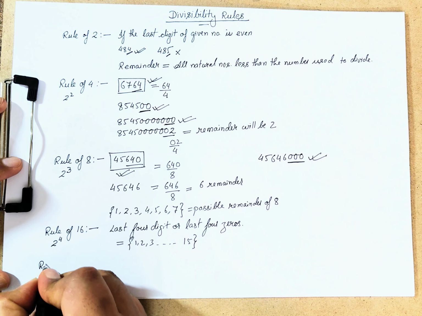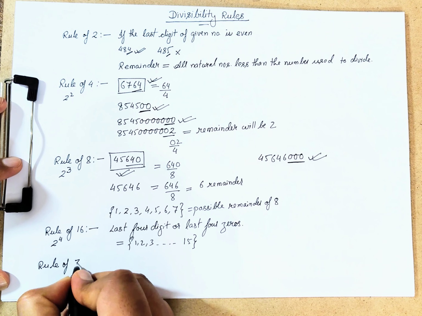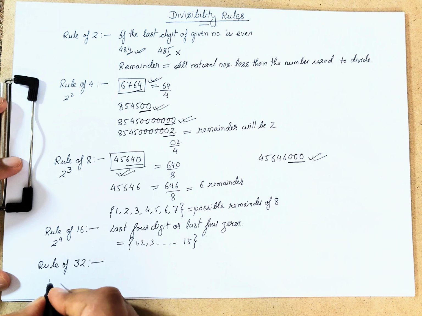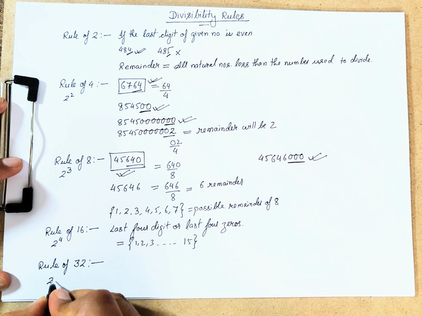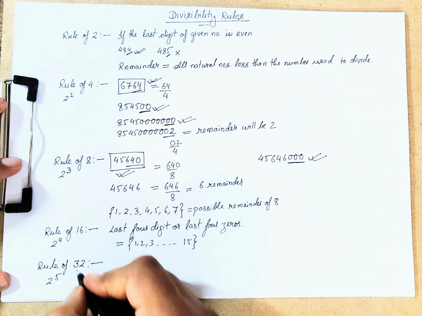Now say rule of 32. So 32 is 2 to the power 5. So we have understood the pattern.